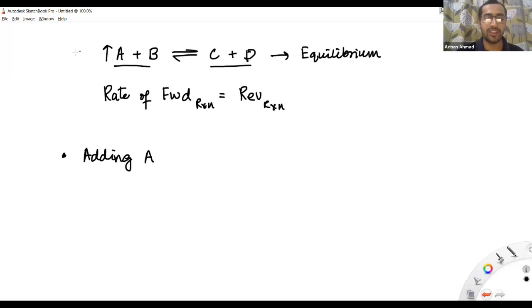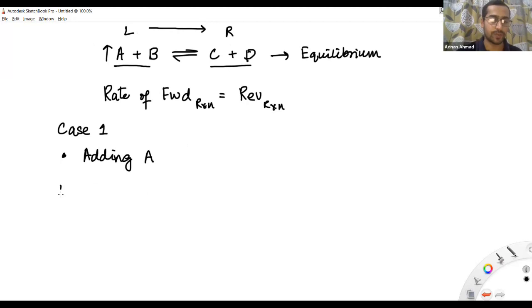The concentration is increasing on the left-hand side, this is our left-hand side, this is our right-hand side. The reaction will move in the forward direction, and more product will be formed so that we can minimize the change of adding A, right? So this is case one.